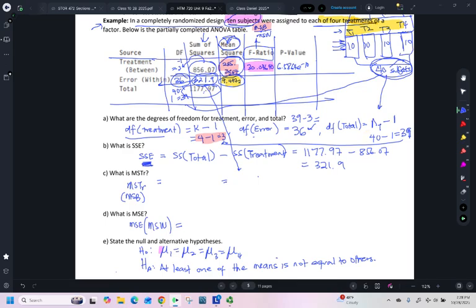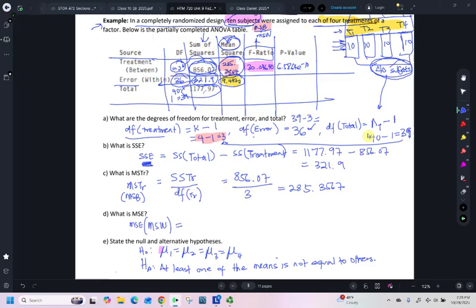Then we have what? The mean square treatment. The mean square for treatment is always the sum divided by the degree of freedom for treatment. What do we have for the sum of squares for treatment? We had 856.07 divided by the degree of freedom, which is 3, and we got 285.3567.